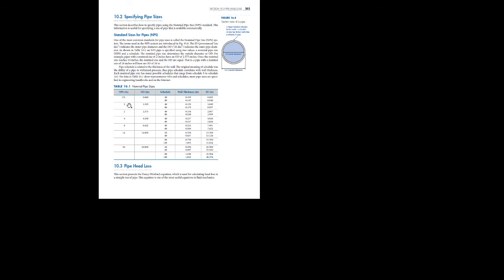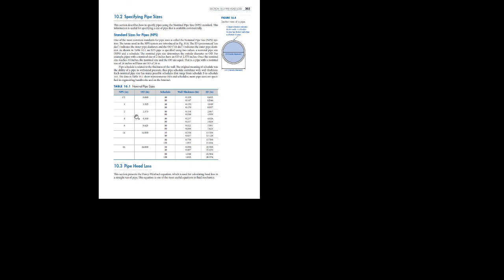For instance, NPS 1, and this is the conversion chart. The outer diameter for an NPS 1 pipeline would be 1.31 inch, and always remember, when it comes to NPS and schedule number, it is always in inches. After inches, you can convert to other units, but always work with inches.